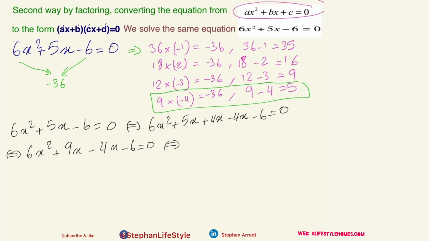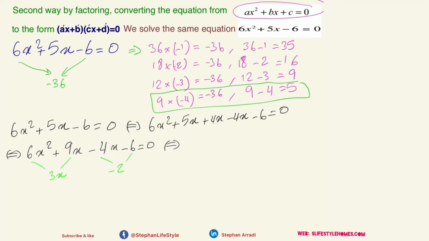Let's change this color. They have a common factor, which is going to be 3x. And we have here a common factor as well, which is going to be negative 2.